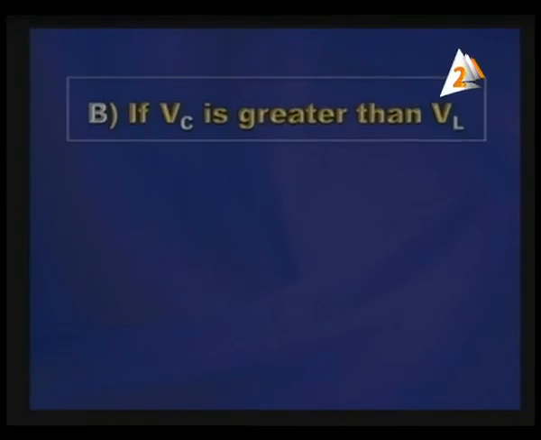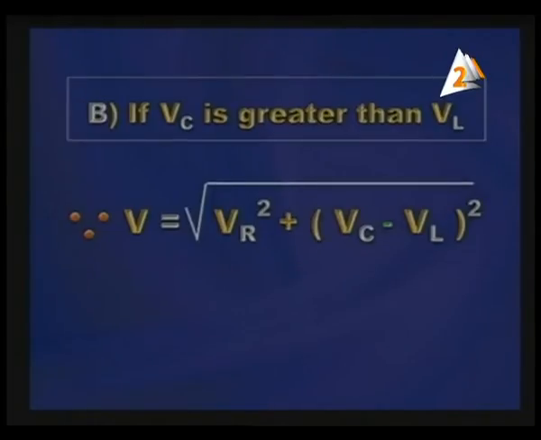Second case, if the value of VC is greater than the value of VL. The total voltage is determined from the equation V is equal to square root VR squared plus VC minus VL, because VC is greater than VL, all squared.